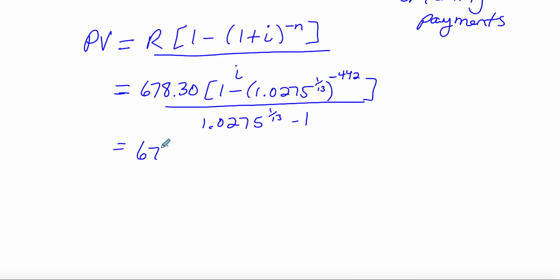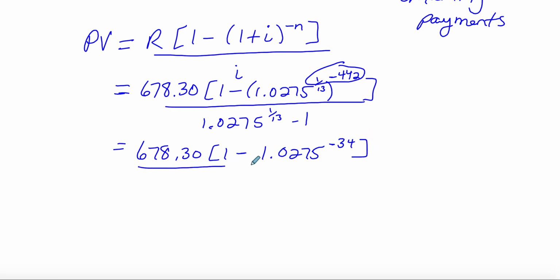So $678.30. In here, I would probably see the fraction, 1.0275. I would multiply the numerator, so negative 442, and then divide it by 13, and I get negative 34. Divided by 1.0275 to the 1/13th minus 1.